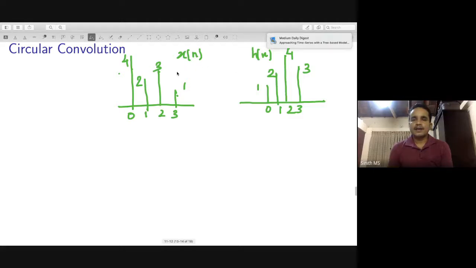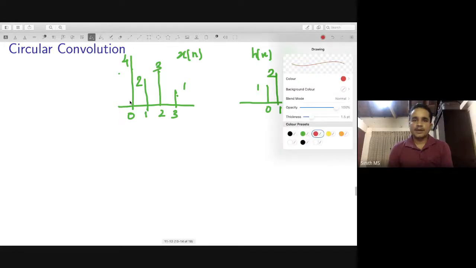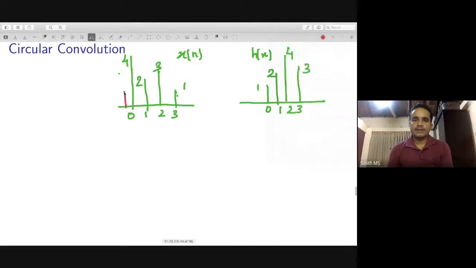So how will you find the circular shifting of x[n]? If you do circular shifting of x[n] by a factor of 1, this whole thing gets shifted. We consider everything within a frame. You have a frame like this, and another frame like this. But when the frequency domain representation of this signal is sampled, it becomes the DFT, and the signal becomes periodic.